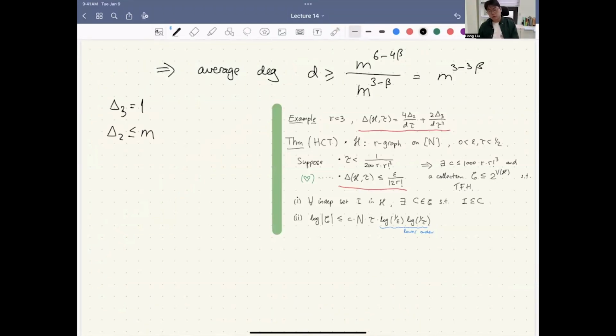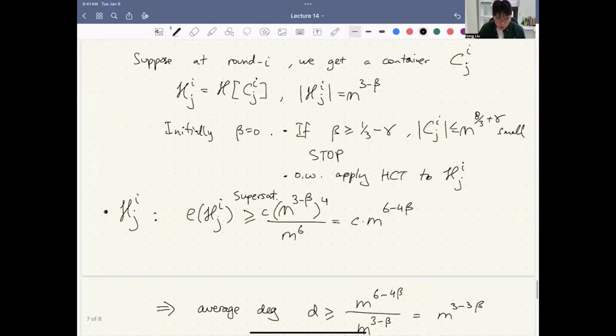Good. So as I said, let me tell you the choice of tau and epsilon. We're not going to take epsilon to be constant anymore. We want to take epsilon small so that, oh, I forgot to write the third one. I made a mistake.